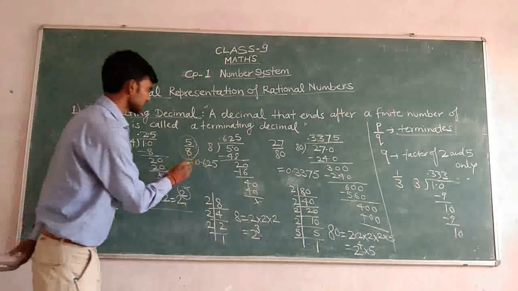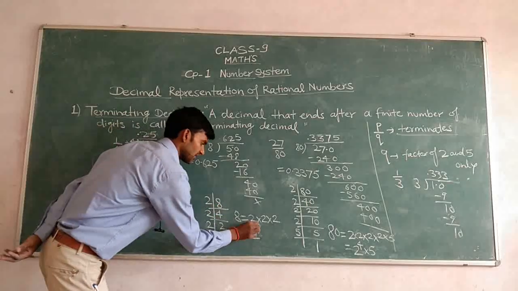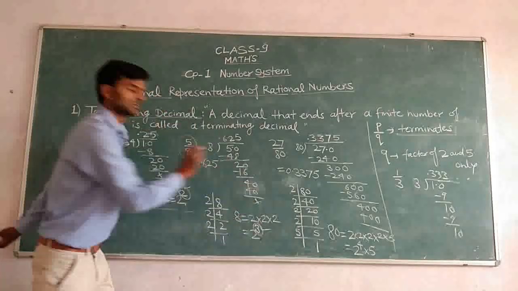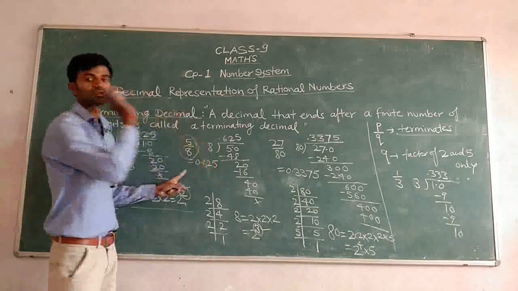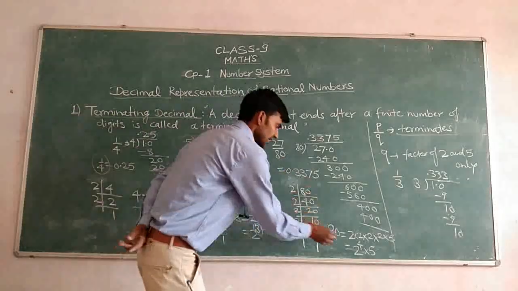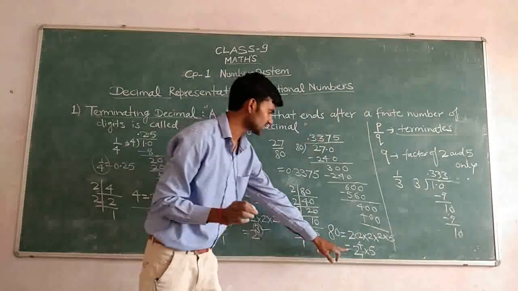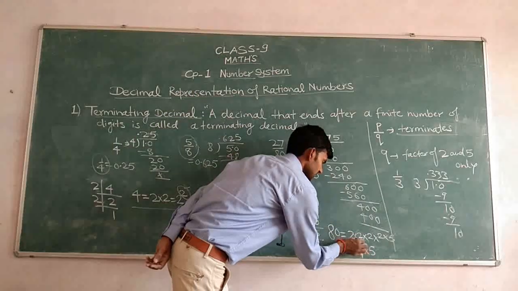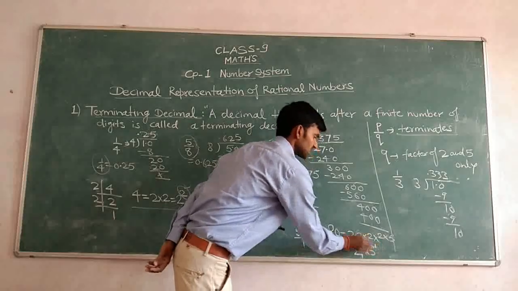Okay. Now in the second, the maximum power of the denominator factor 2 is 3, so it will terminate after 3 decimal places. 1, 2, 3. Now come to the next. Here 2 and 5 are both factors, but the maximum power of the number 2 is 4, because the power of 5 is only 1, and 4 is greater than 1.